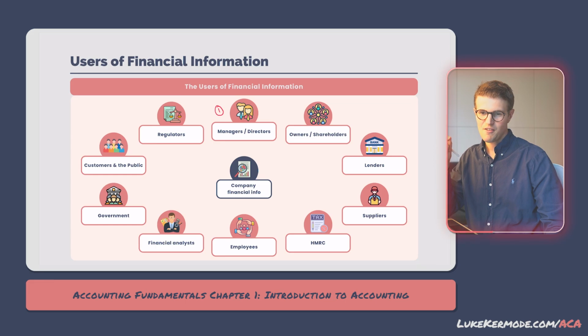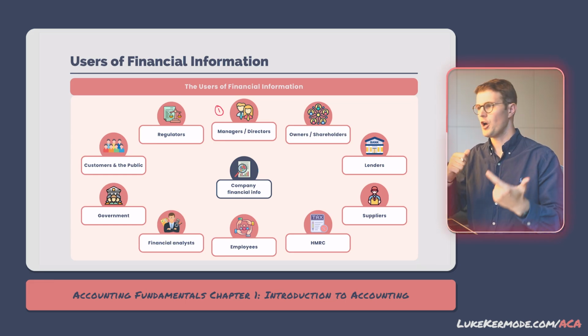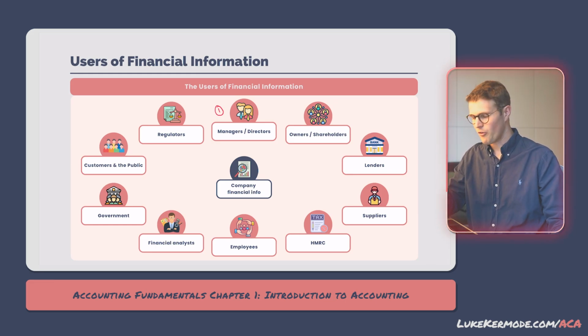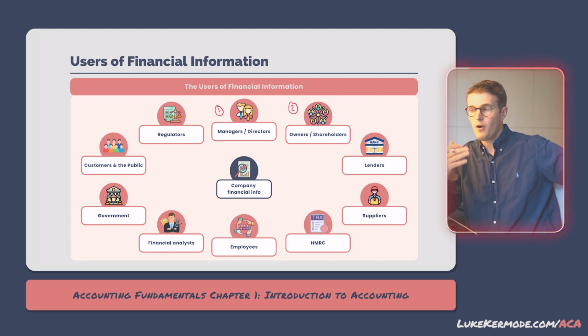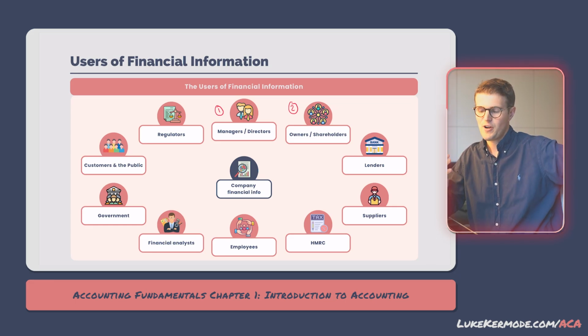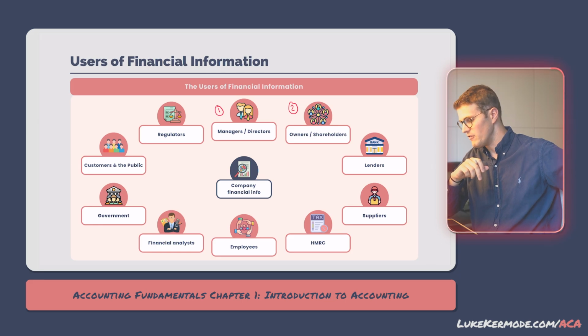They need up-to-date financial data to make informed decisions about pricing, production, hiring, financing and investing, as well as monitoring the business's performance. Owners or shareholders want to know how well the business is performing so they can decide whether to buy, hold or sell their shares in the business. They're especially interested in profitability, risks and whether the return on their investment is worthwhile.